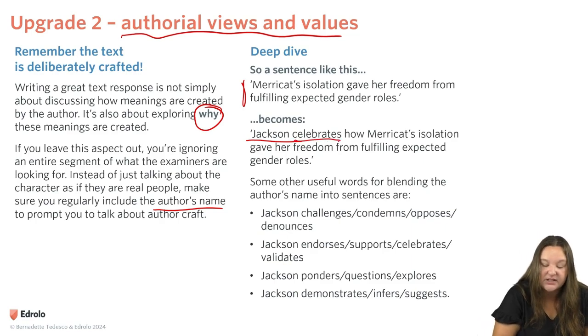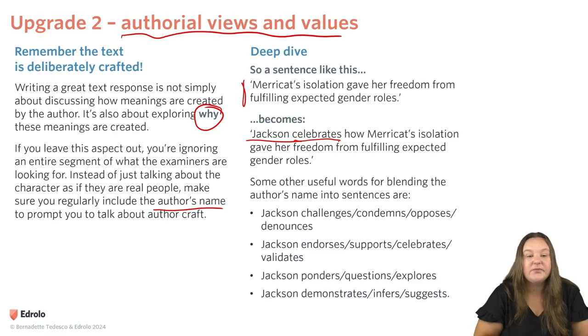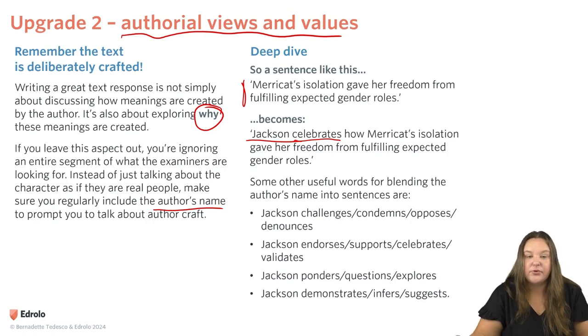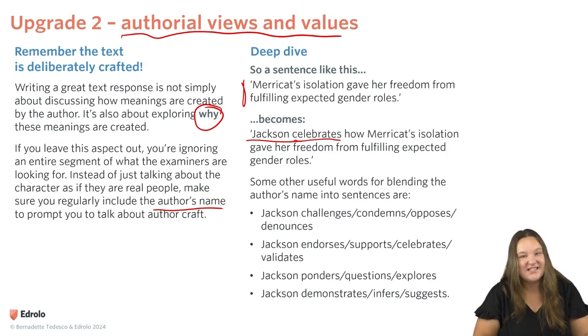It's a good thing, she's celebrating it. That forces us to acknowledge that the author is deliberately creating meaning through the way the character's narrative has been arced. So: Jackson celebrates how Mary Cat's isolation gave her freedom from fulfilling expected gender roles. That's a bit tongue-tying.